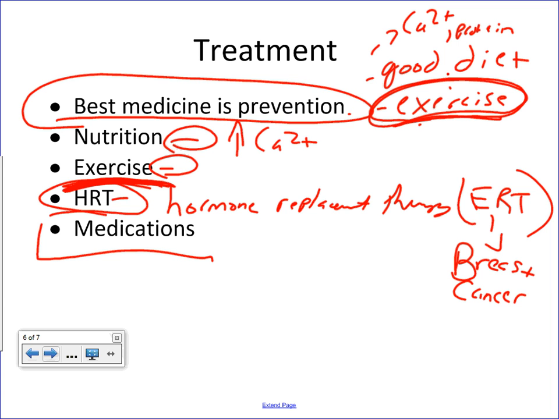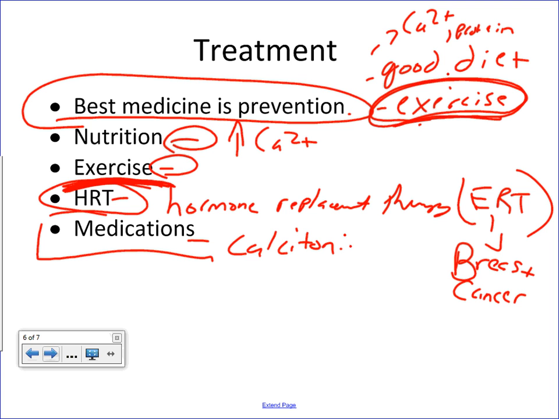Parathyroid hormone replacement, given to people as a medication, and so on. Calcitonin, I believe, has been experimented with. But bisphosphonates are probably one of the more common types of meds out there that are going to be given to people to help deal with osteoporosis. That, and like I said, calcitonin is another good one.